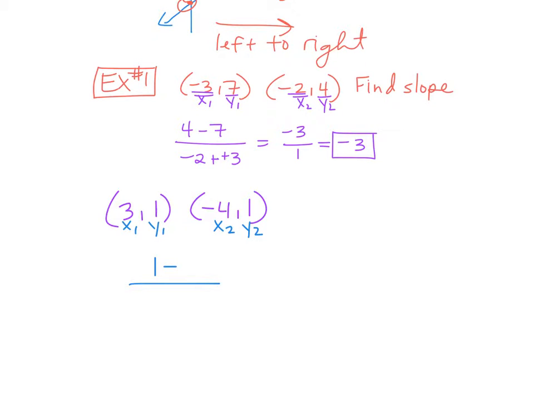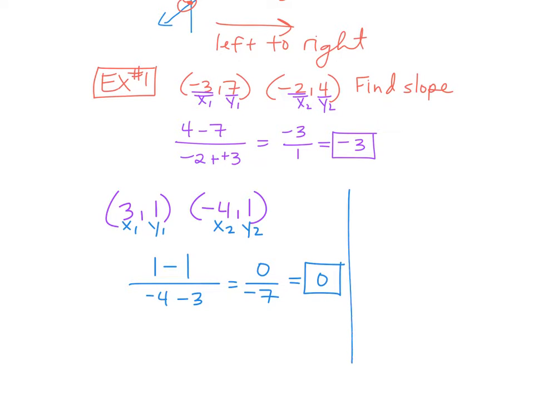You have a 0 on top. On bottom, -4 minus 3. So I get 0 divided by -7. Can you do 0 divided by -7? Yes, you can. You can do 0 divided by any number. It's going to be 0.